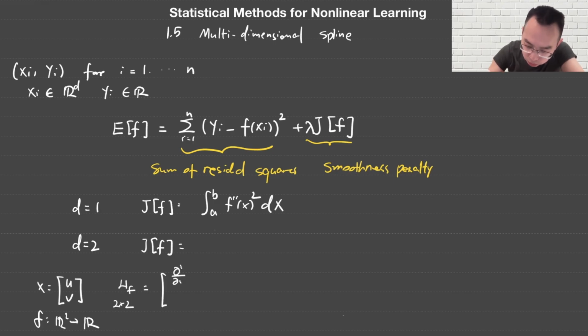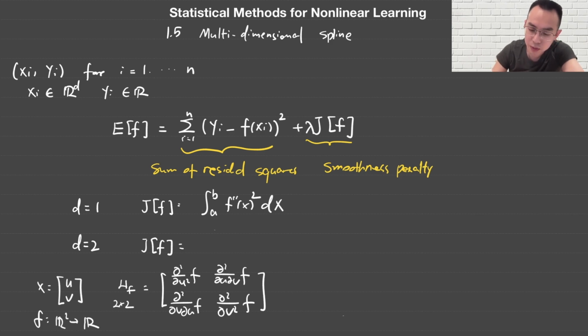So the Hessian matrix of f is just going to be the partial u squared of f, the partial v partial u of f, and so on. So that's going to be the second derivative, and we have a matrix here. So the idea is that we're just going to penalize the Frobenius norm of this Hessian matrix.